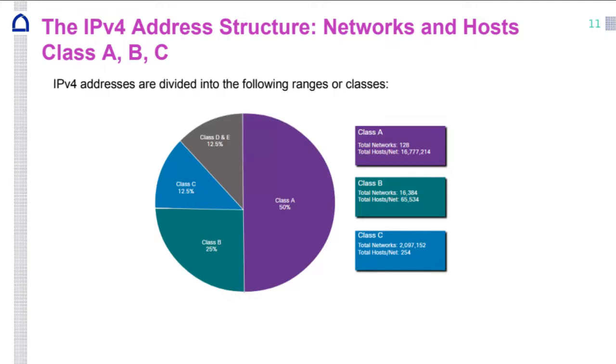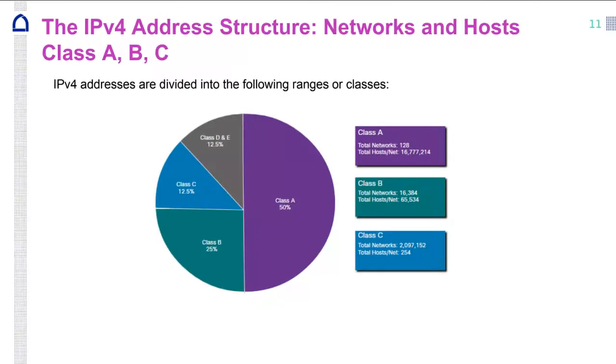Now these are the classes. We have class A, B, C, and D and E. Class A, look here. This is important, you always get questions about this. Class A, you have only the first octet for your network. The other 3 octets are for host. Then you have class B, 2 octets for network, 2 octets for host.